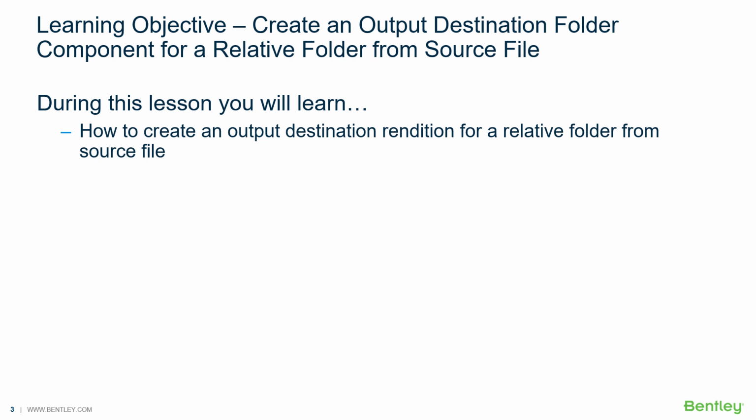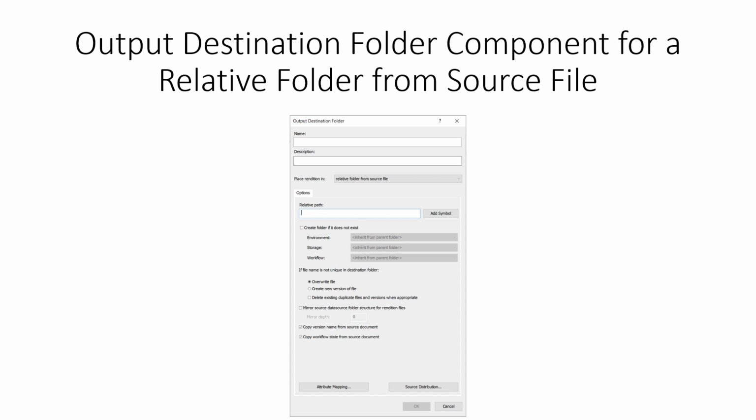An output destination folder component for a relative folder from source file defines where ProjectWise will generate the newly created rendition and also decide potentially where distributed source files will be stored.